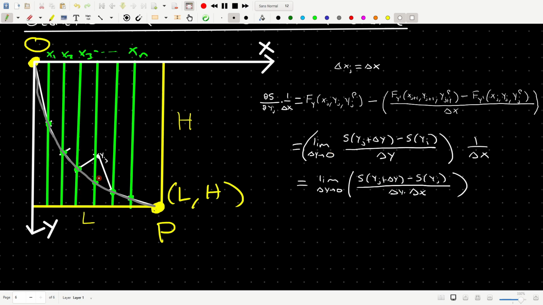Delta y here being the change, this height, so the change in the function from the optimal value to the value at the approximation at yj.